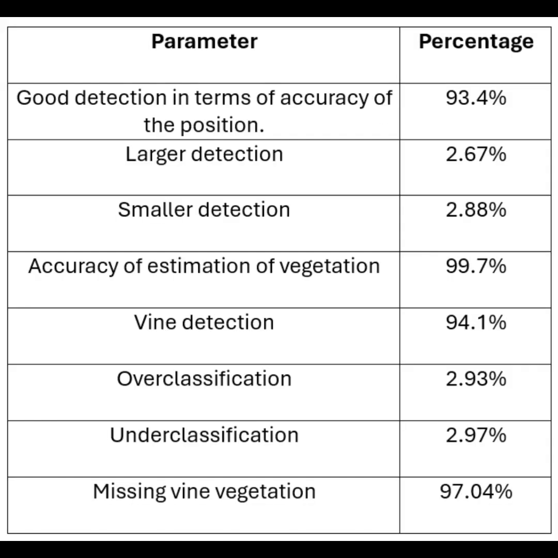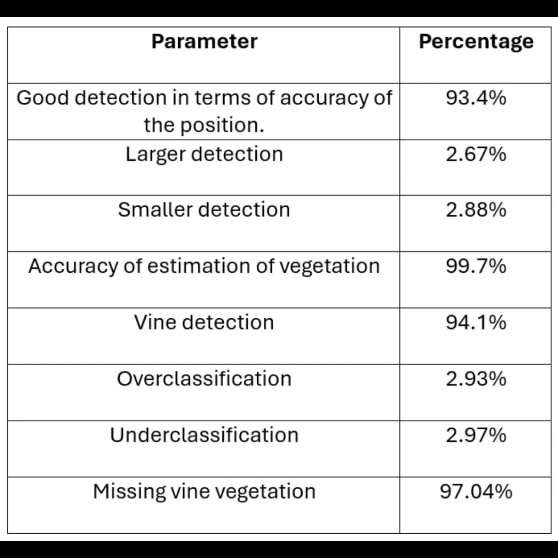Using the proposed method, the authors were able to detect all the rows with a mean value of 93.4% accuracy in terms of their position. Out of the rows that were detected, 2.67% of the rows were classified as larger detection and 2.88% of the rows as smaller detection. When the processed image was compared with the manually segmented image, the detected vegetation, which included everything, was estimated to have a mean value of 99.7% accuracy for all the plots combined.